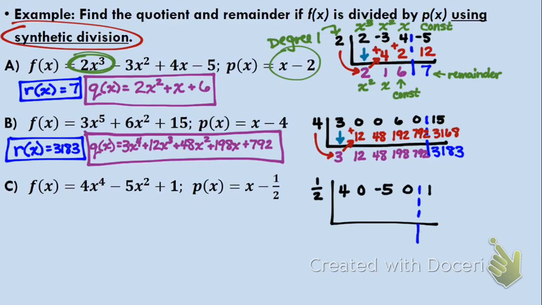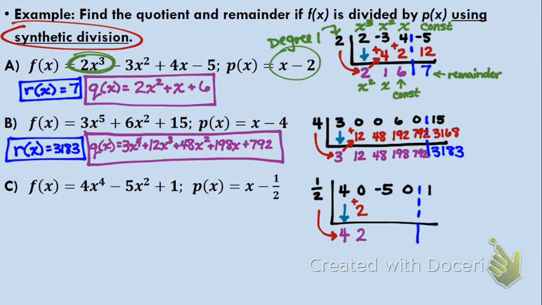We're going to drop the 4. We're going to multiply. What's half of 4? 2. Now we're going to add those together. So I have a 2 here. Half of 2? 1.